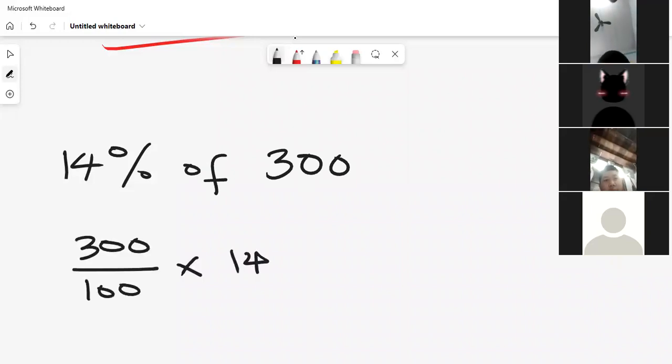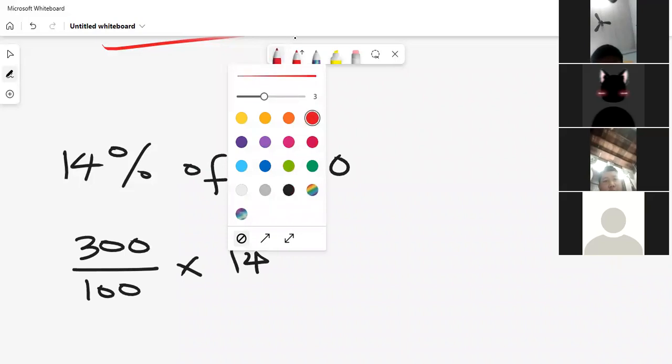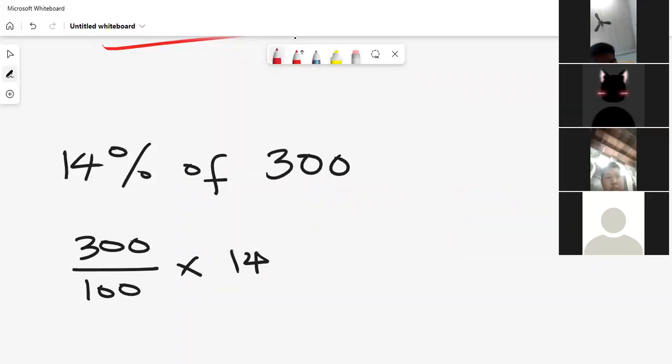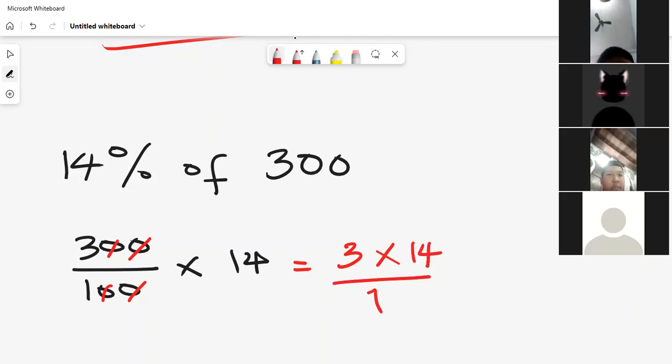Very good. What's next? 2 zeros. 2 in the numerator, 2 in the denominator. It will become 3 times 14 over 1, or no over 1, it's still the same. So 3 times 14.